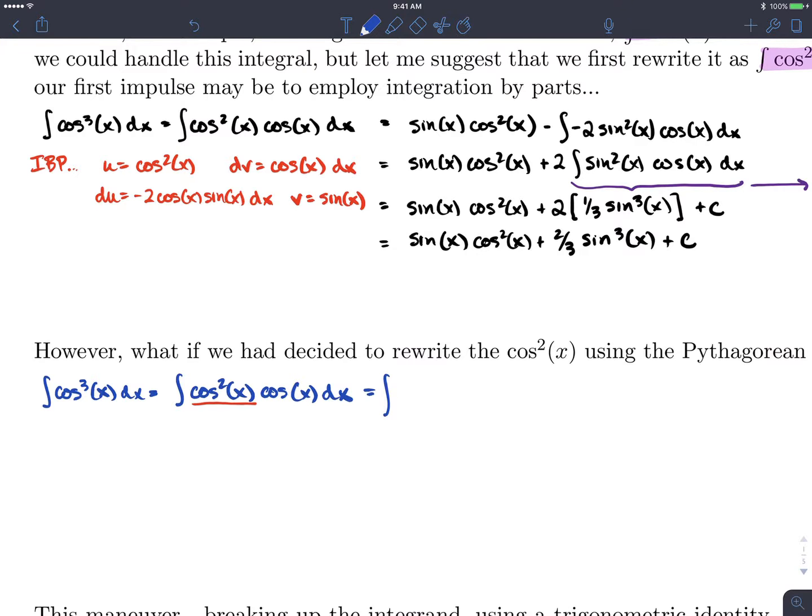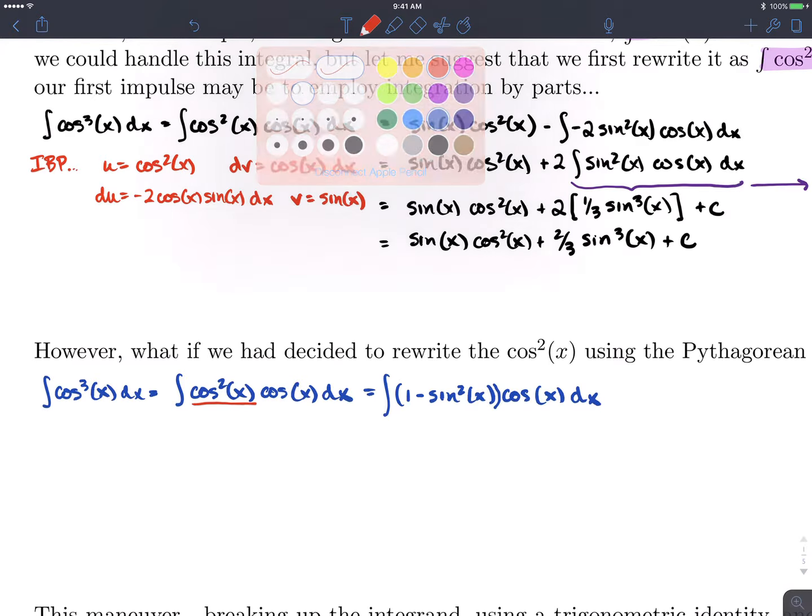So if we were to write this as the integral of (1 minus sine squared of x) times cosine of x dx, now we've got parentheses. If we look at our options here, it may not be immediately obvious, but we are going to be able to get out of this by just doing one u substitution.